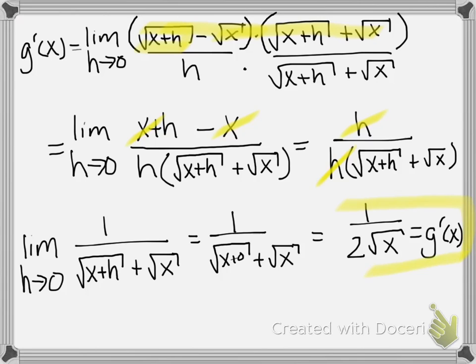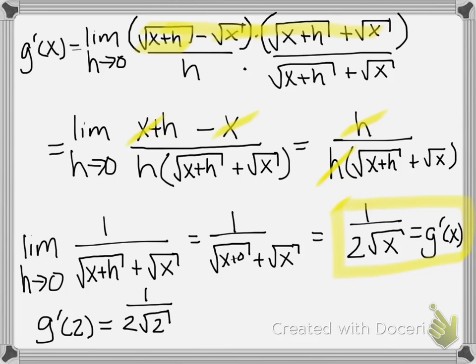we can actually just go back and since we were trying to find g prime of 2, we're just going to substitute 2 in for x. So we say g prime of 2 is going to be equal to 1 over 2 times the square root of 2, right there. So that's what we have.